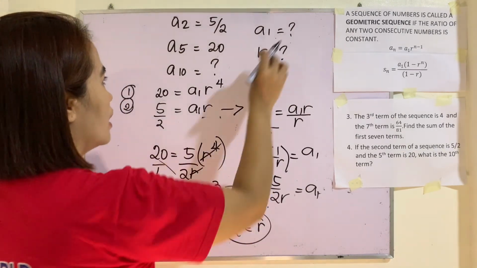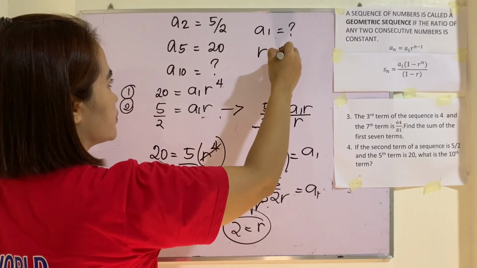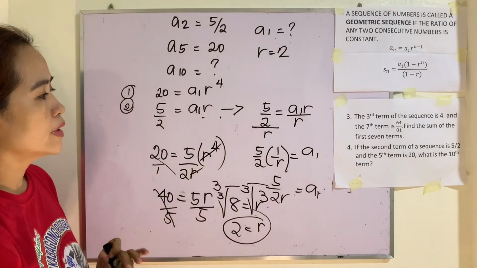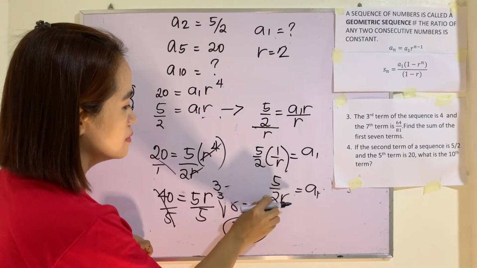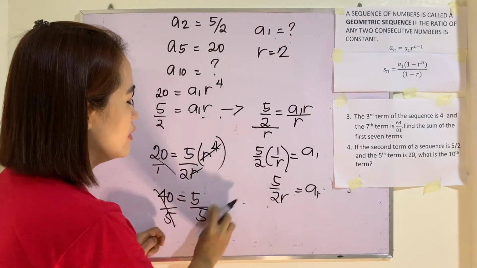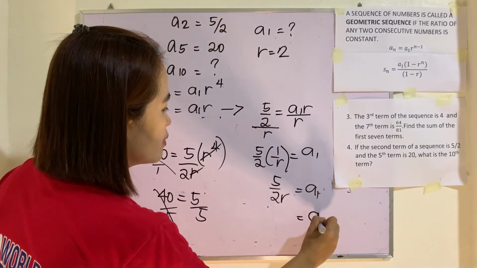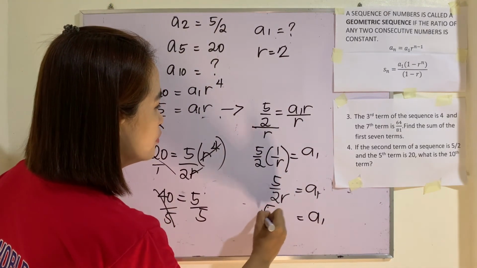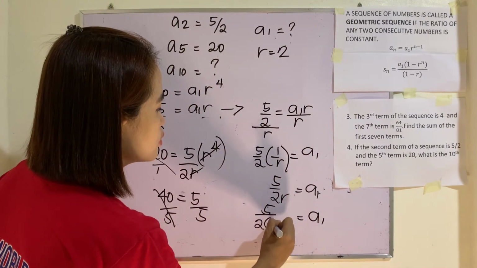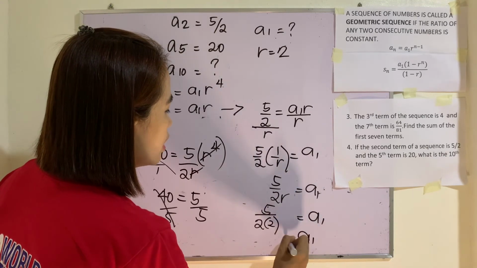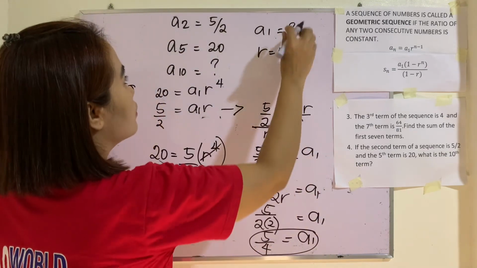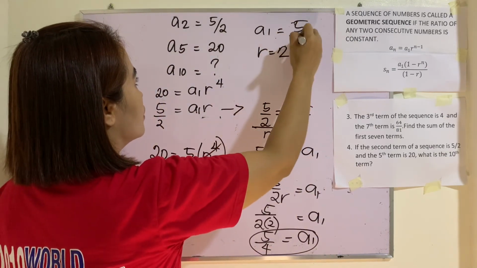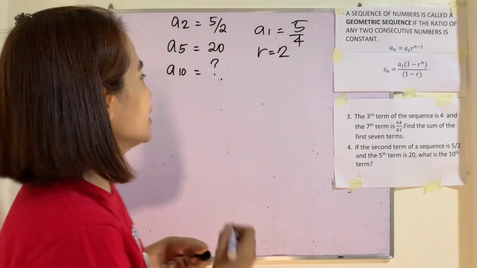So our r is of course 2. Getting for the a sub 1, we have now a sub 1 equals 5 over 2 times 2. Our a sub 1 is equivalent to 5 over 4. We are now ready to get a sub 10.